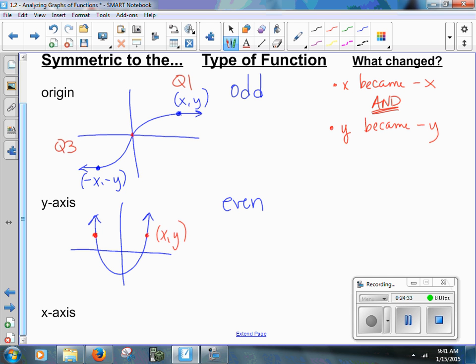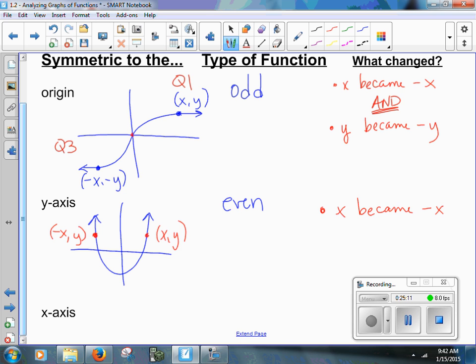If I were able to fold the parabola up, then wouldn't every piece of the curve match on a piece of paper? What happened to the ordered pairs? If this is x, y, then what's this going to be? Think. Negative x, because you went left. Will the y change? No. So what's the only thing that changed here? The x. X became negative x.